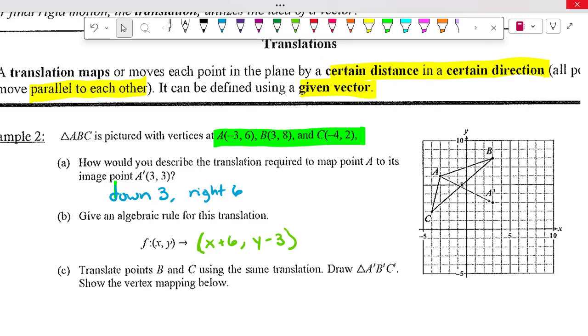All right. So now, take a minute, find B and C. So B prime and C prime.